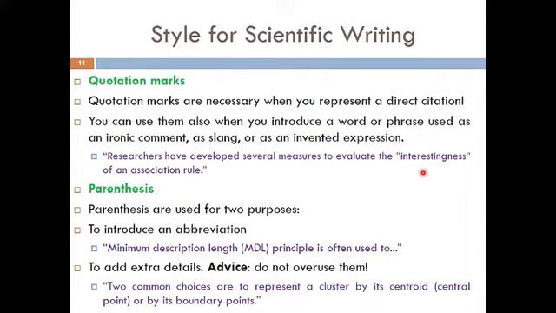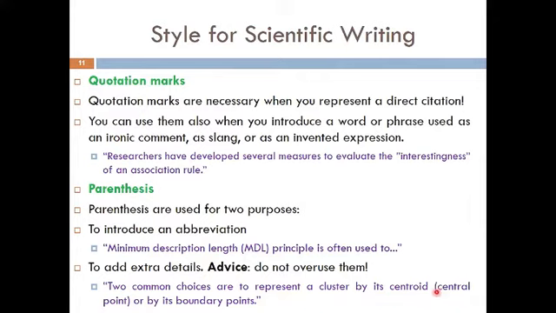Therefore, parentheses are often used for 2 purposes. When we want to introduce abbreviation, we can use parentheses. That's why we said minimum description length here, represented with a parenthesis, MDL. Then if you want to add extra details, you could also use parentheses, like 2 common choices are to represent a cluster by a centroid (center point).